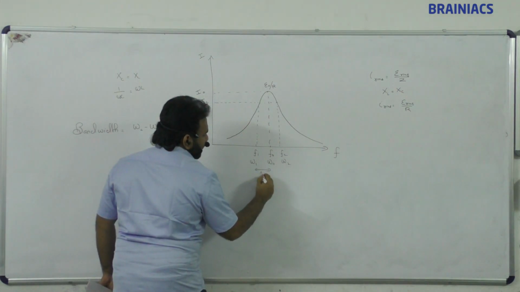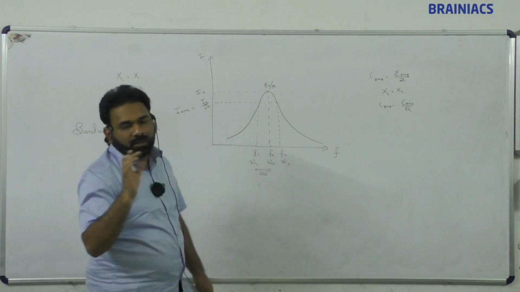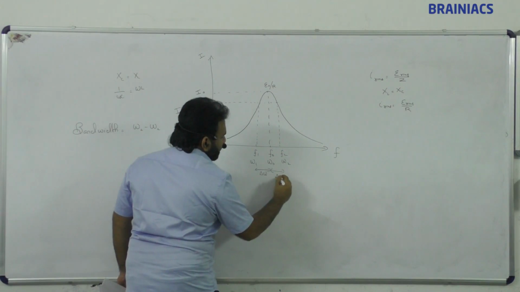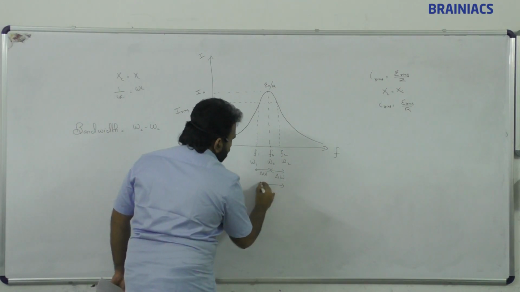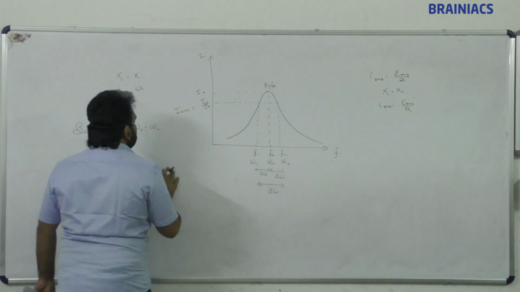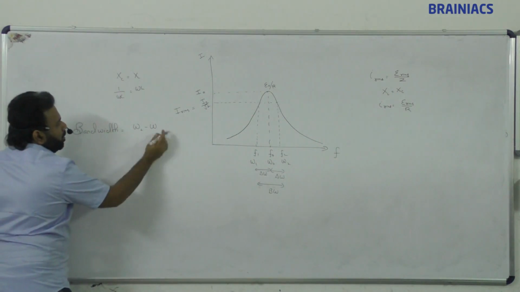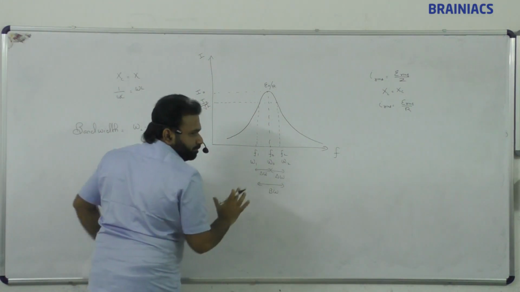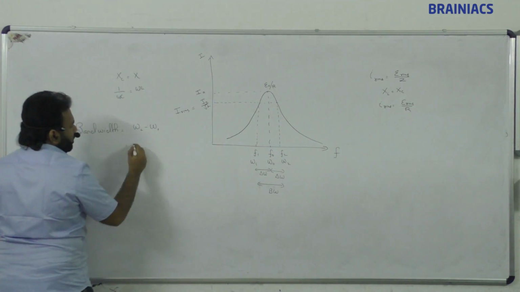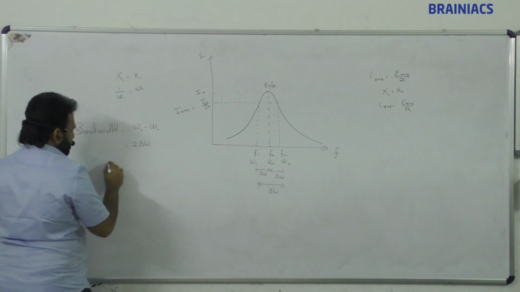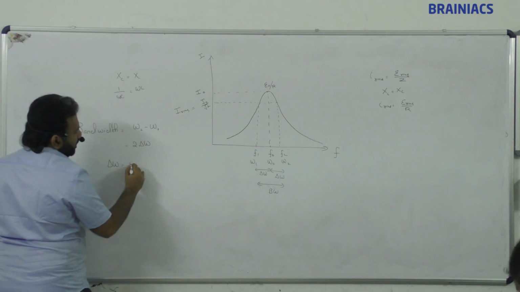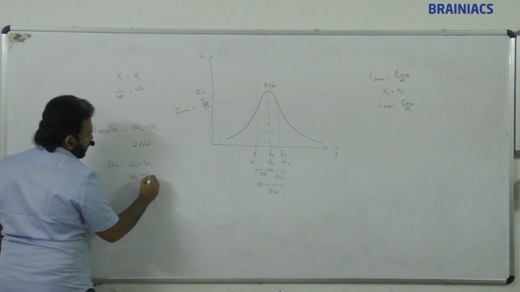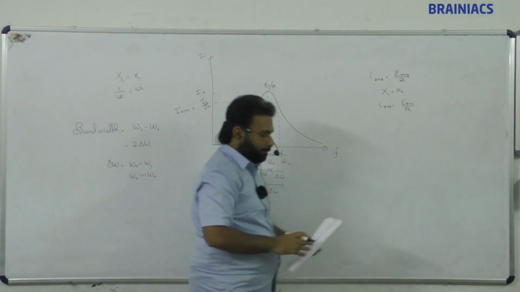This is delta omega, the difference between this frequency and the resonant frequency, and this is another delta omega, and the total is called the bandwidth. So we can say omega 2 minus omega 1, or 2 delta omega. Delta omega is nothing but the resonant frequency minus omega 1, or the difference between omega 2 and the resonant frequency. Clear?